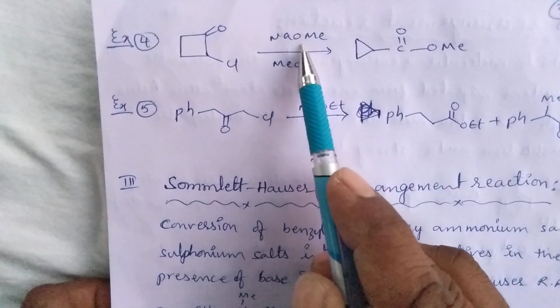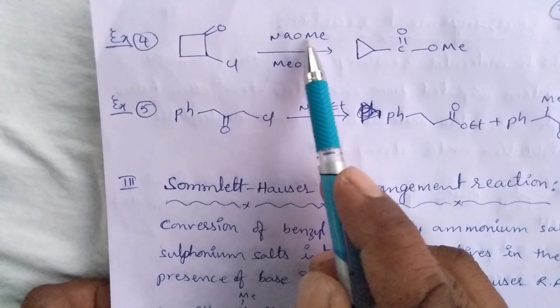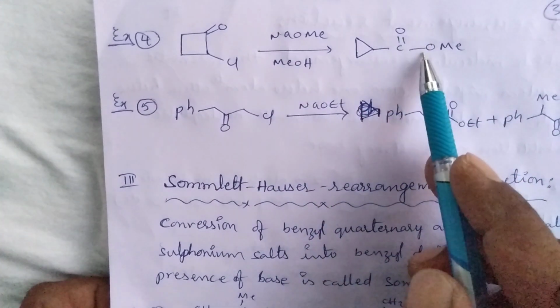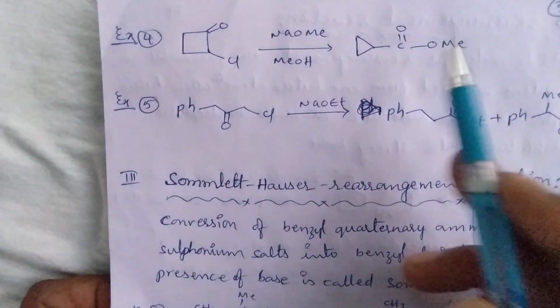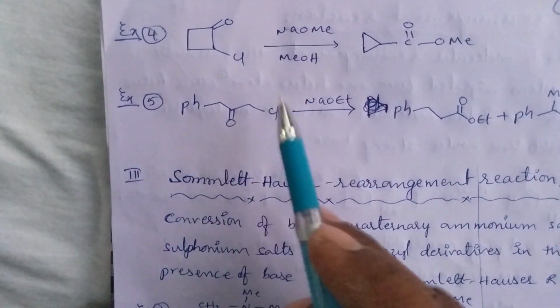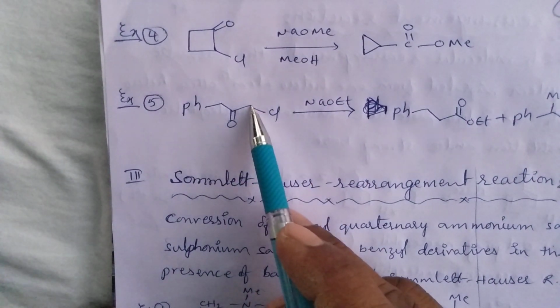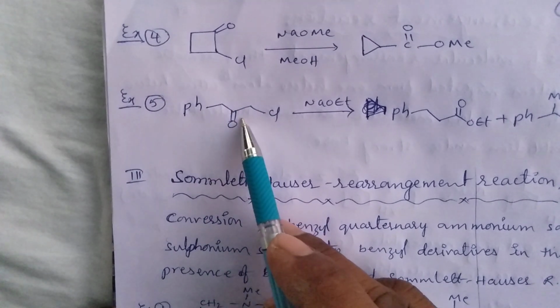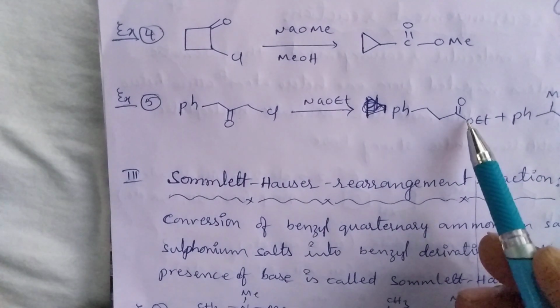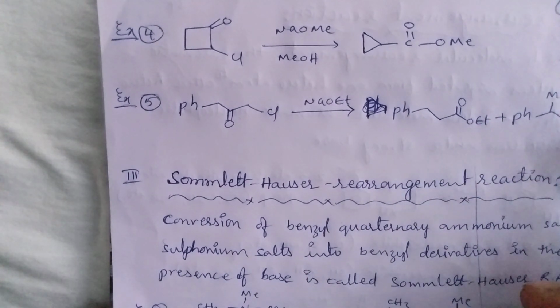Here when this molecule is treated with sodium methoxide in the presence of methanol, finally the resulting product is ester. Okay, here also, which is alpha halo ketone, when it is treated with sodium ethoxide, finally the resulting product is esters.